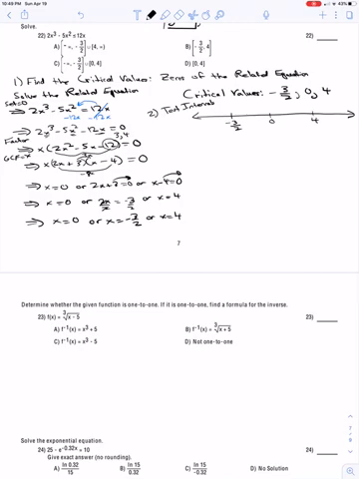If I place my critical values on there, we had a less than or equal to problem. Once we have equality, we include these in our solution set, because we know this is true when it equals 0. So one of our possibilities is negative infinity to negative 3 halves with a bracket.